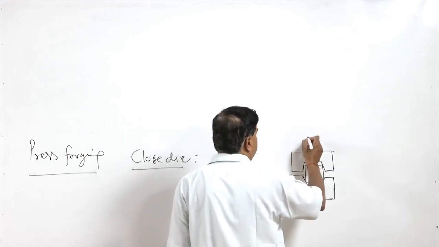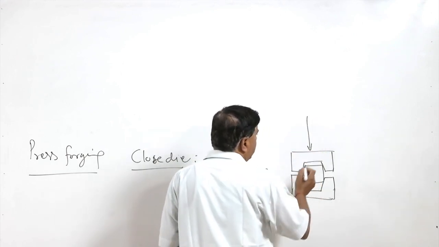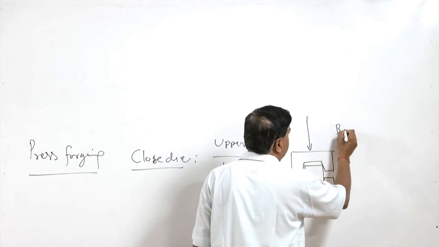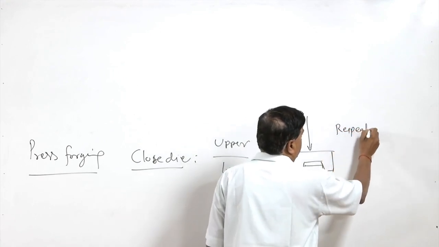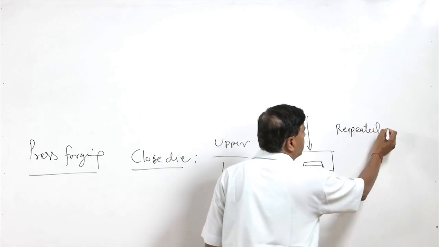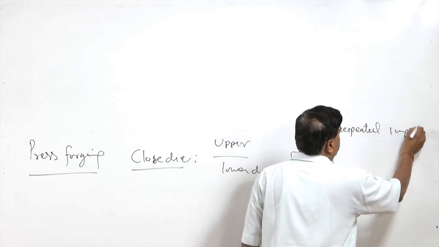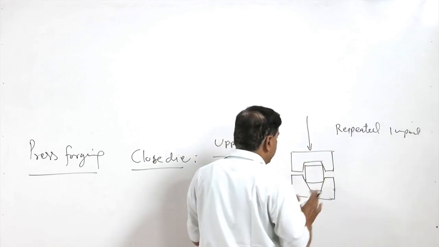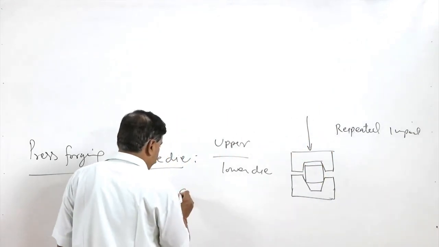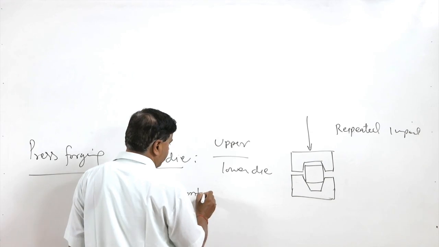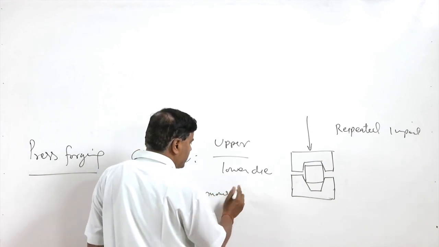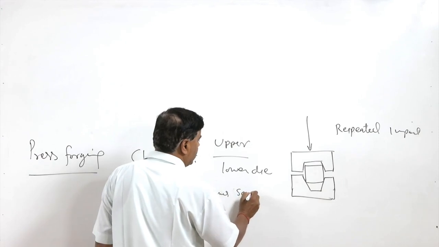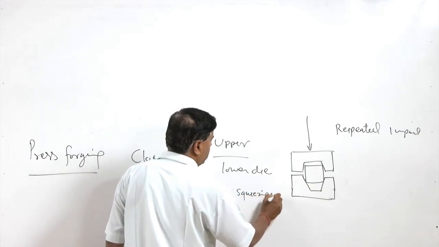So, in the earlier case, in drop forging, repeated impacts were applied through the upper die, but in this case continuous, increasing pressure performs the squeezing action.